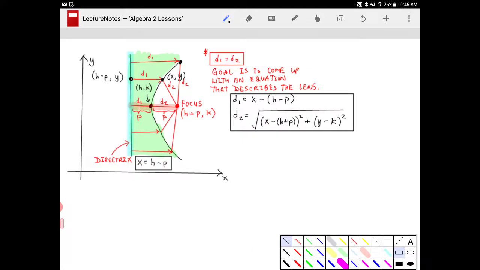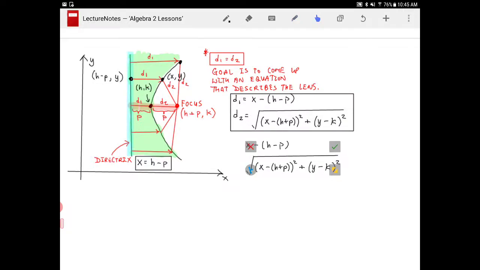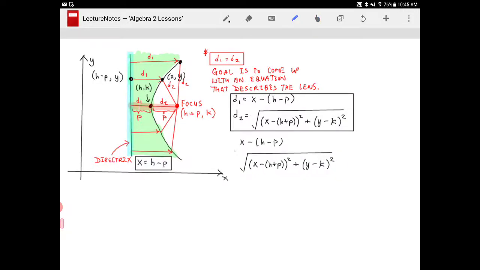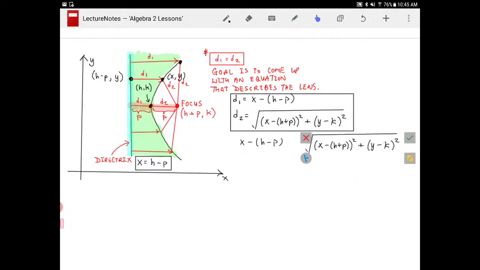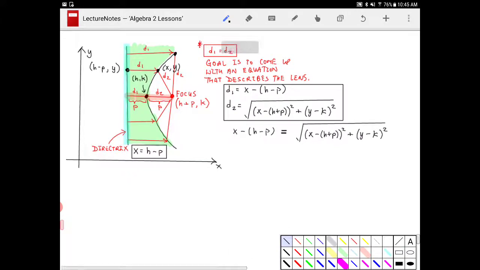Because d1 is equal to d2, I can equate these two equations together in this manner. So these two things will be the same. There's a lot of stuff happening in here. It looks really awkward and just really messy.